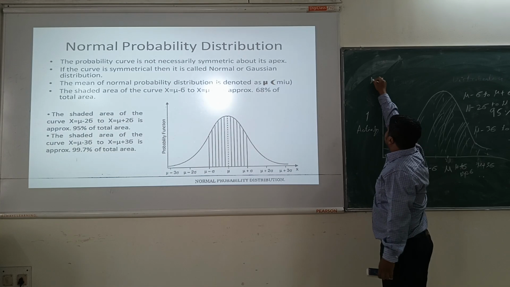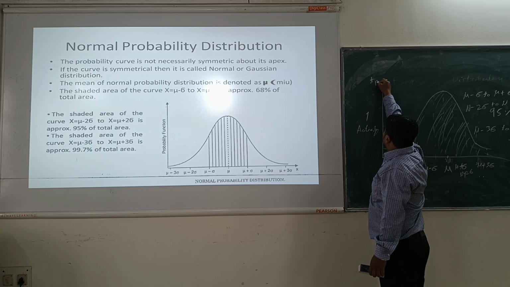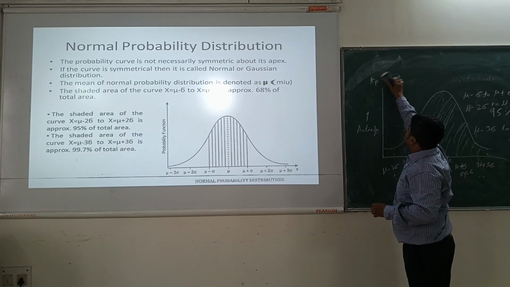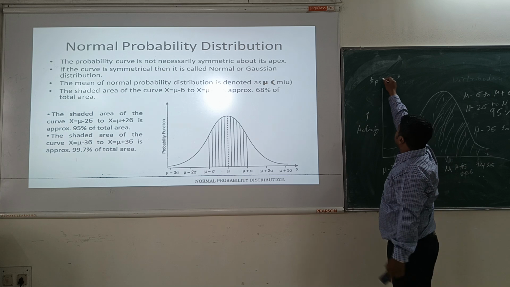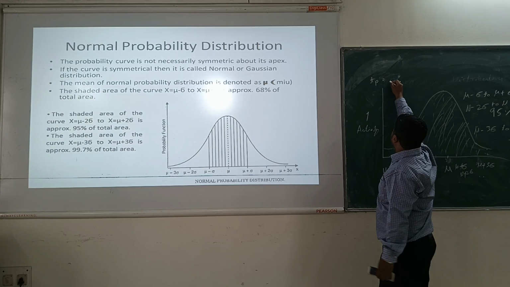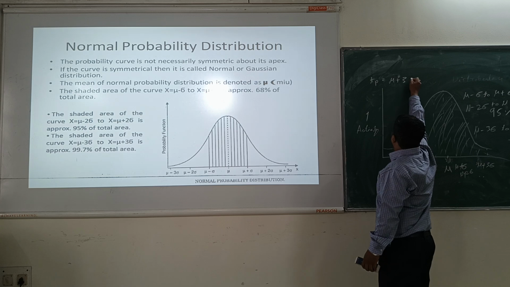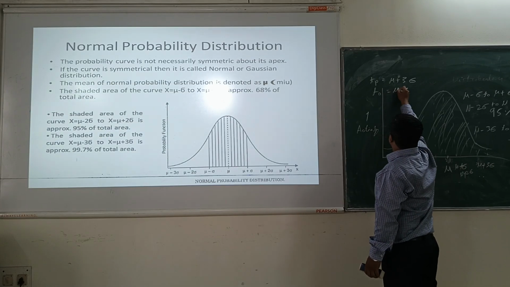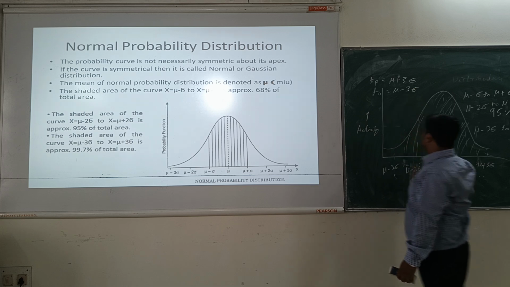Now to perform this, subtract the value of TP, which is your mu plus 3 sigma, and the optimistic time, which is mu minus 3 sigma.